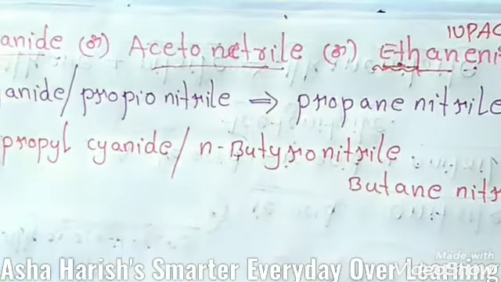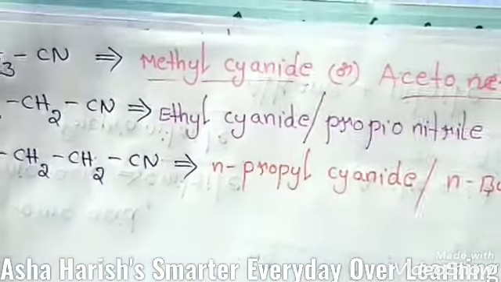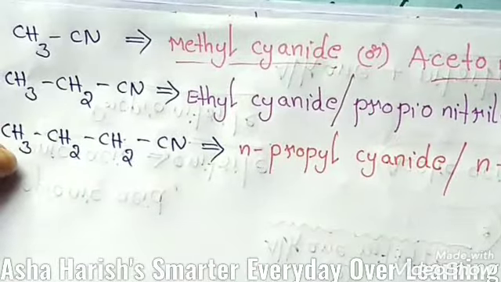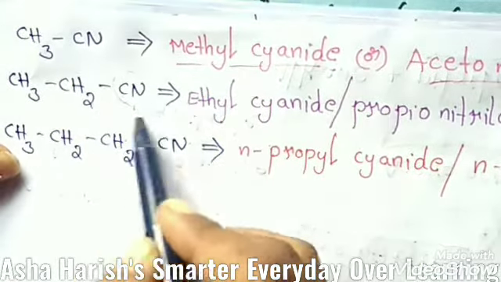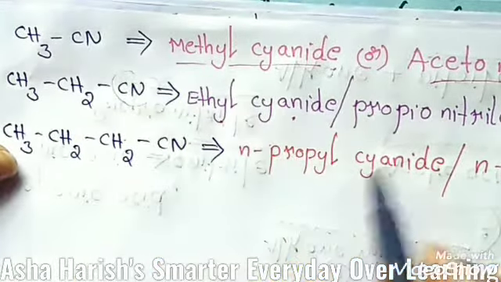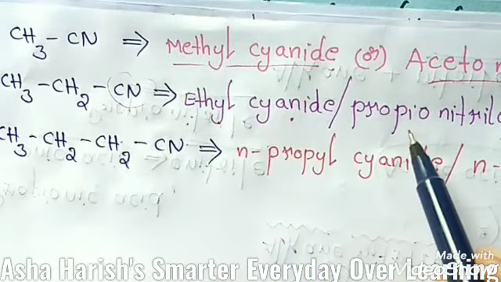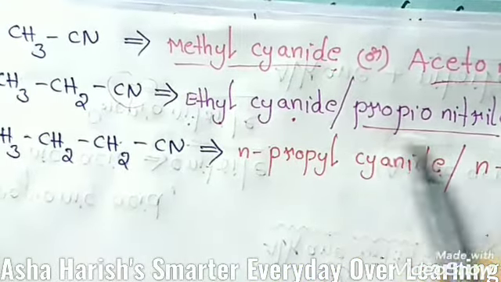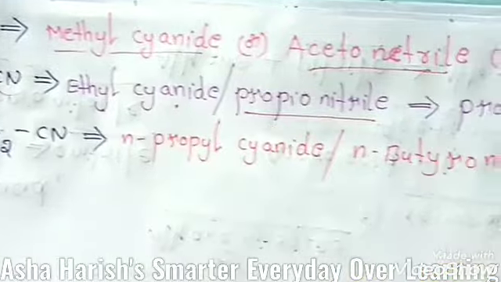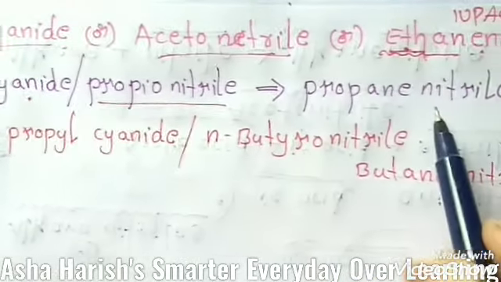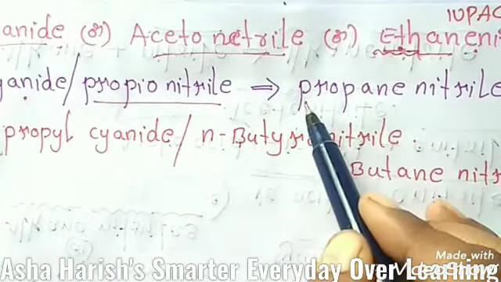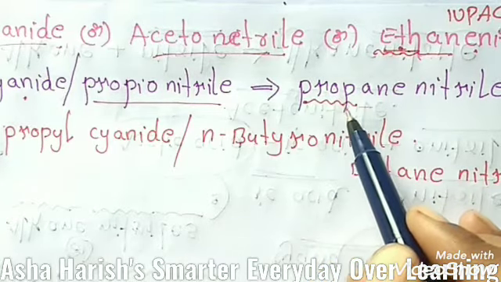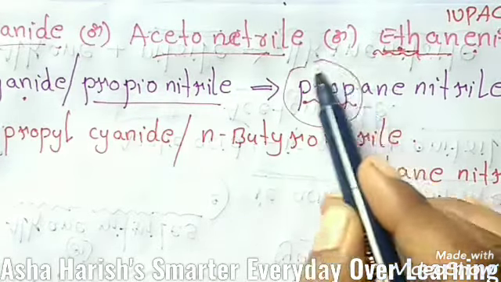This is the IUPAC name. Let's see the second example here. CH3CH2, that is the ethyl group, then CN cyanide, ethyl cyanide, and it's also called propionitrile. These two are the common names. And propane nitrile is the IUPAC name based upon the presence of 3 carbon atoms. The root word is prop here.